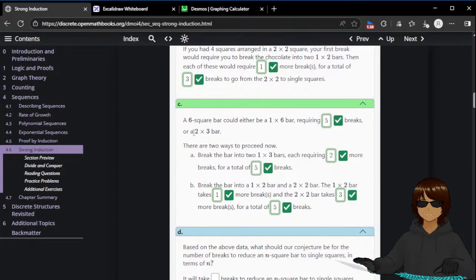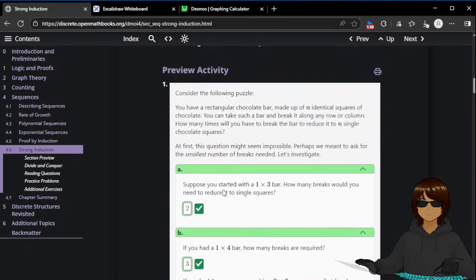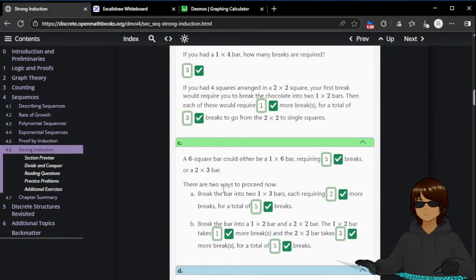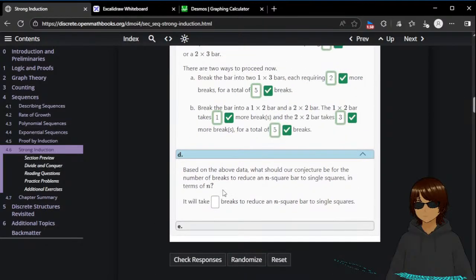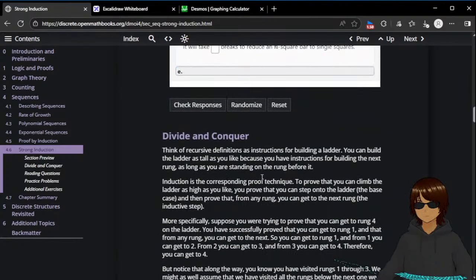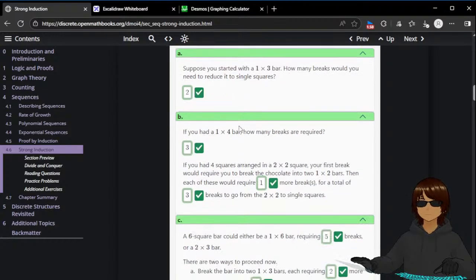So for 6, we have, let's say, a 1 by 3 bar. How many breaks would reduce it? 1 by 4 bar.